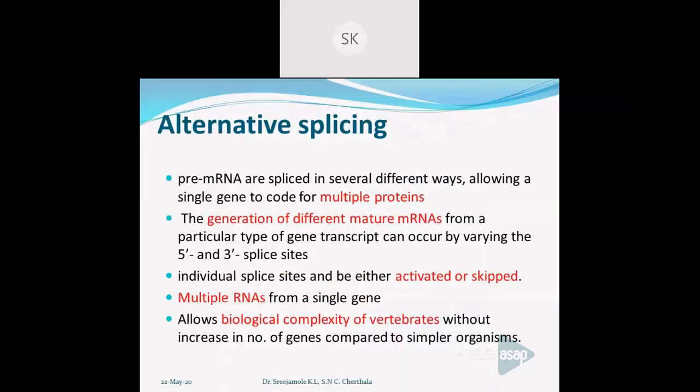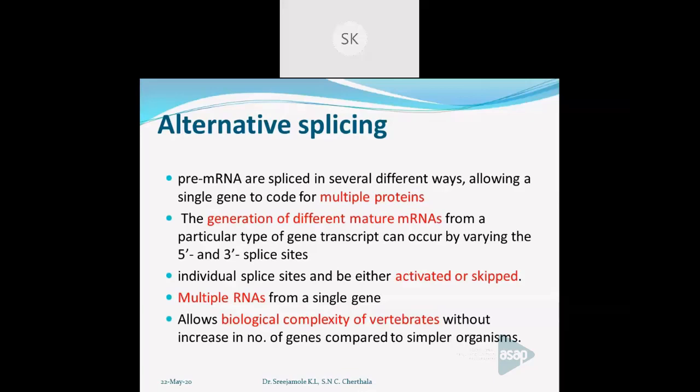Alternative splicing is also a part of this mRNA processing, where earlier we had the idea that one gene is transcribed into one mRNA, a single copy.